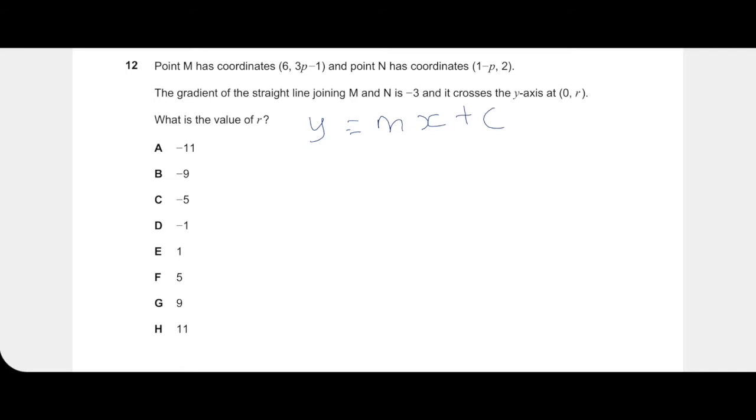And we're essentially going to be inputting the gradient that they've kindly given us, which is minus 3x plus c is equal to y. And now we're going to form two simultaneous equations with each coordinate. So we're going to have one simultaneous equation with the coordinates at point M, and another simultaneous equation with the coordinates at point N.